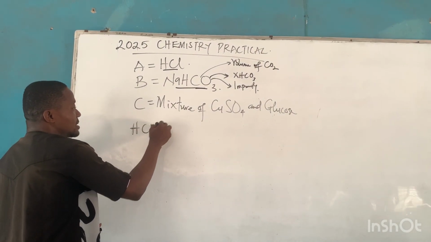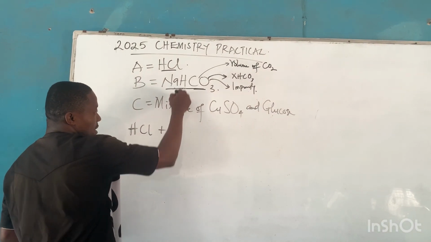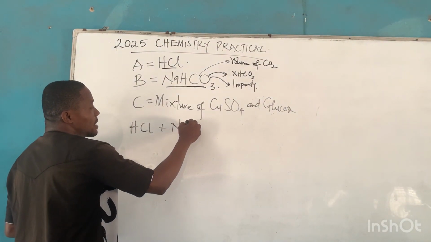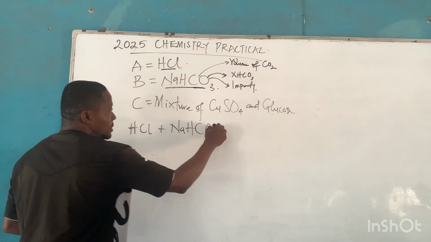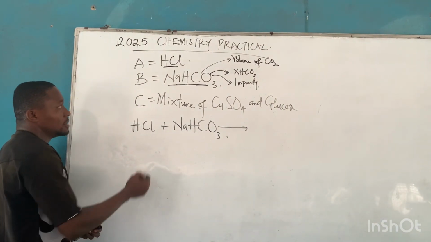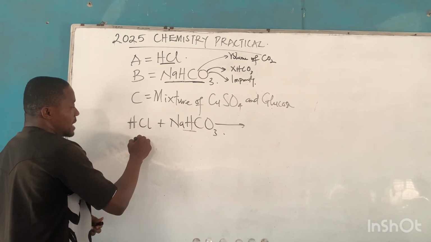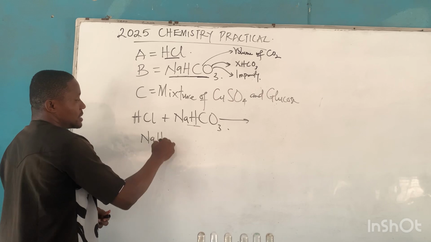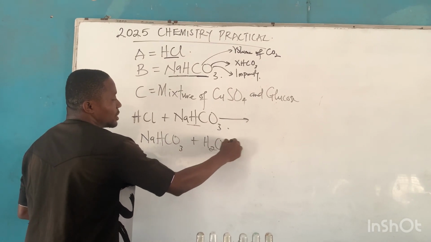This equation, HCl plus NaHCO3. I'm supposed to be like, is this not an acidic salt? Yes, it's an acid salt, but let me tell you why it can also act as a base. Before I come to this reaction, when you dissolve NaHCO3 in water, it's going to undergo what we call hydrolysis.